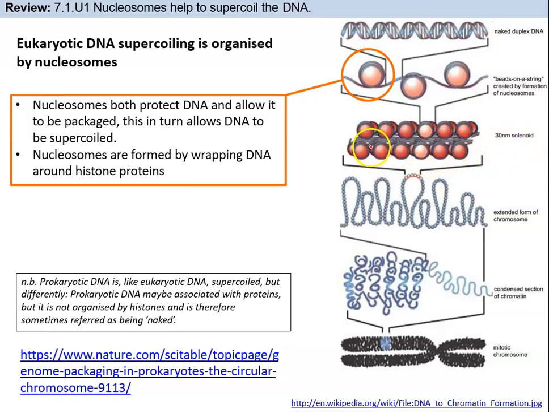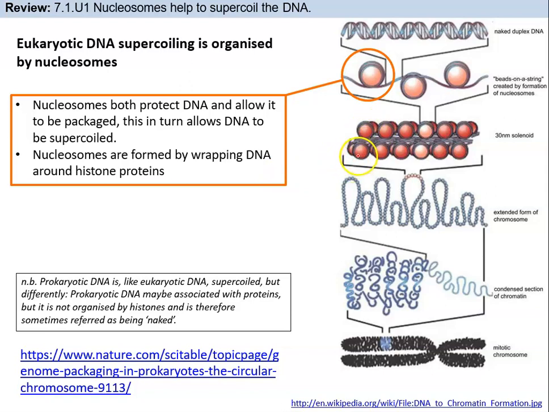Pause the video and tell me which protein in the nucleosome was important in making this 30 nanometer solenoid. Yes, I think you answered correctly. That's the H1 histone, which has the important role for making this structure.